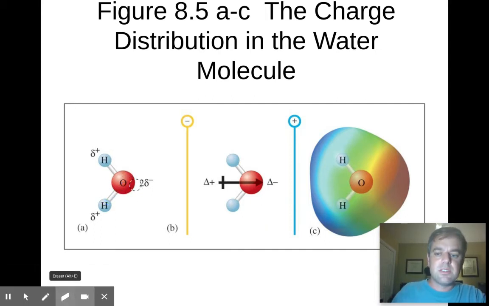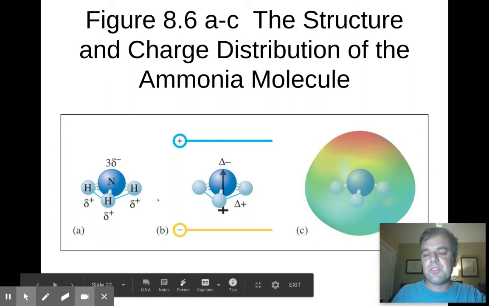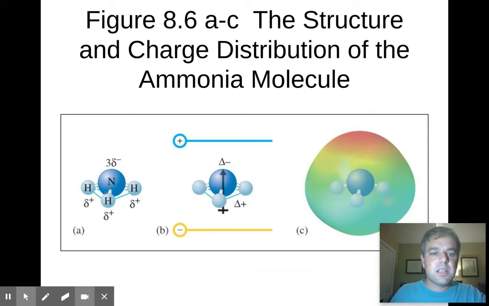So we'll take a look at another example. This is ammonia, which is trigonal pyramidal. There's a little bit of a dipole going on there. It's positive with the hydrogens, it's negative at the top.